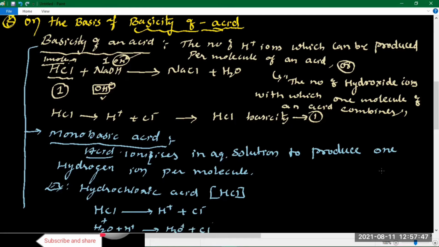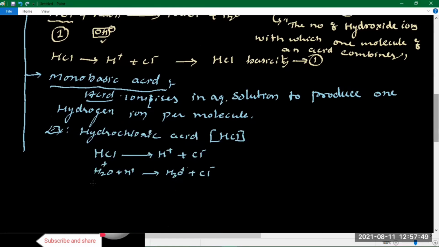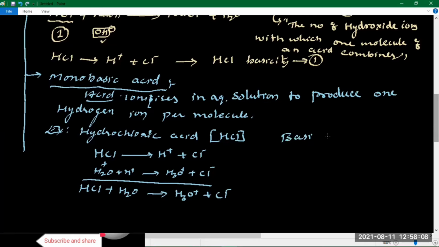That is not a big issue. Hydrogen ion in aqueous solution or hydronium ion, both are the same. So generally I can write that HCl, when it reacts with water, produces H3O plus and Cl minus ions. Here it produces only one hydrogen, hence the basicity of HCl is 1.